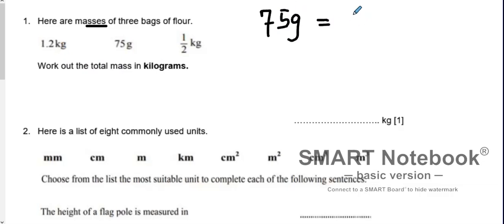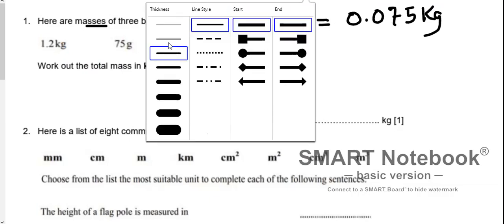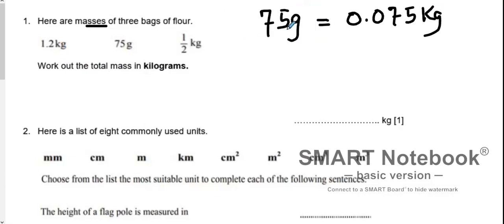This will be equal to 0.075 kilogram, because we need to divide by 1,000, because 1 kilogram equals 1,000 grams. So if 1 kilogram equals 1,000 grams, how about 75 grams? So you divide by 1,000.